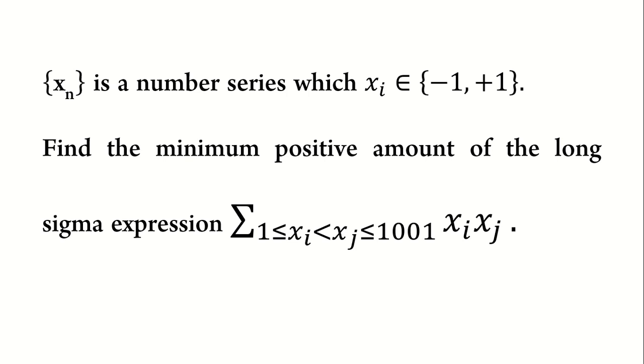So any term here is -1 or +1. For example, xn is equal to -1, +1, +1, -1, and so on. Or another can be written as +1, -1, -1, and -1, and so on. Or another person can write it as +1, -1, +1, +1, and so on. So in infinite situations, we can write this number series as xn.